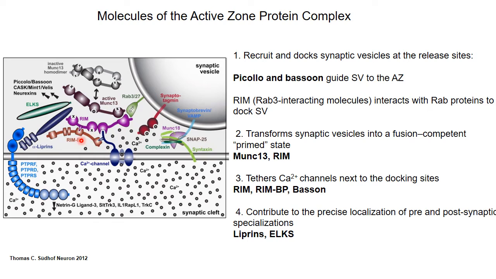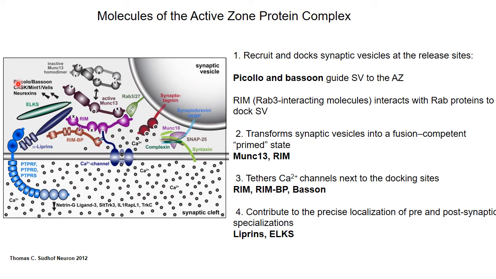Apart from RIM, we have RIM binding proteins. Sometimes they will be referred to as RBPs, which are also involved in docking, in tethering calcium channels to the docking site next to the vesicles. In addition to these, we have proteins such as Piccolo and Bassoon, which will guide the synaptic vesicles to the active zone.